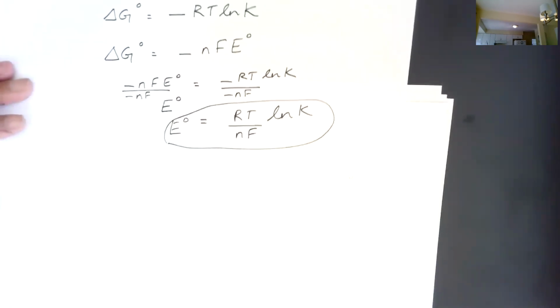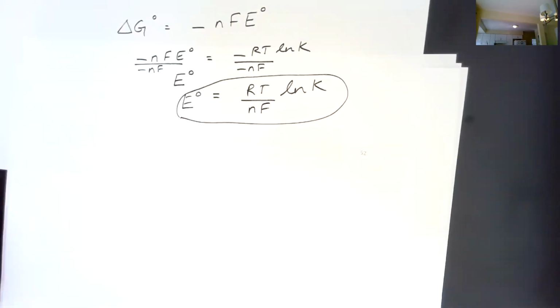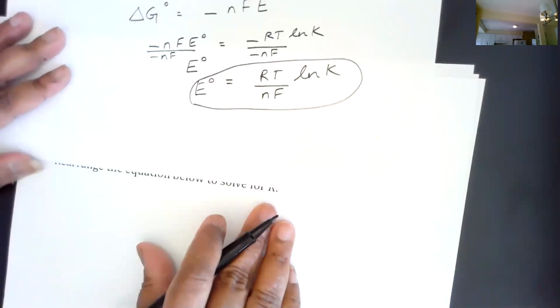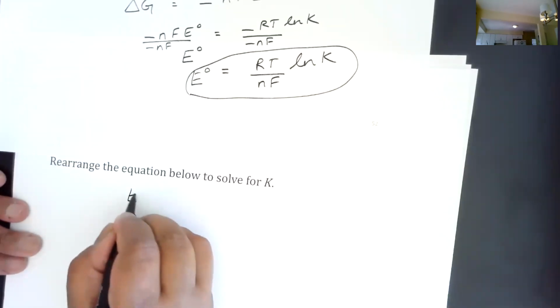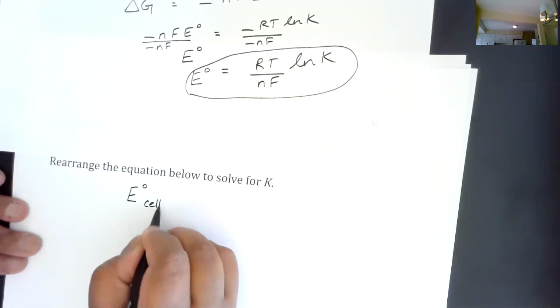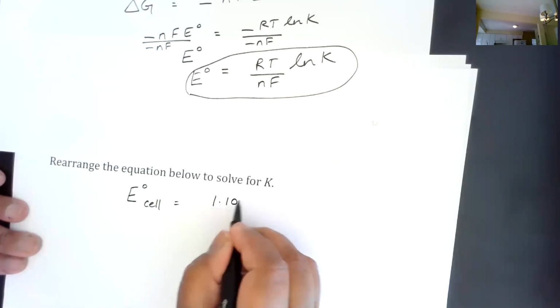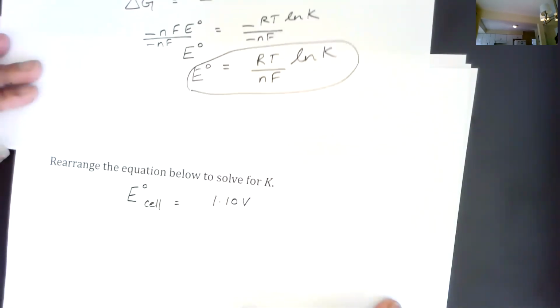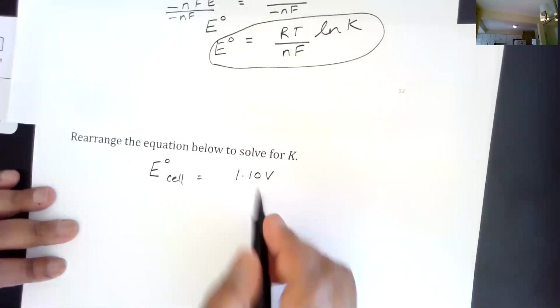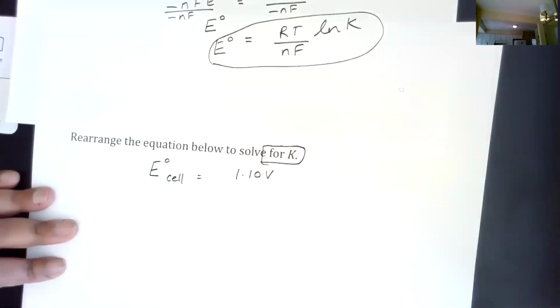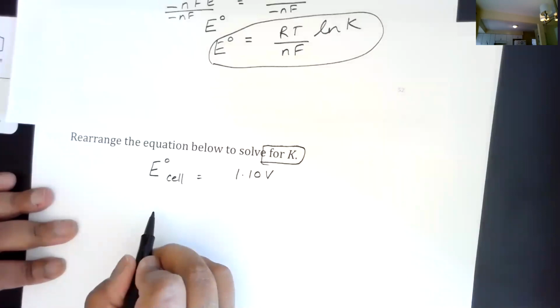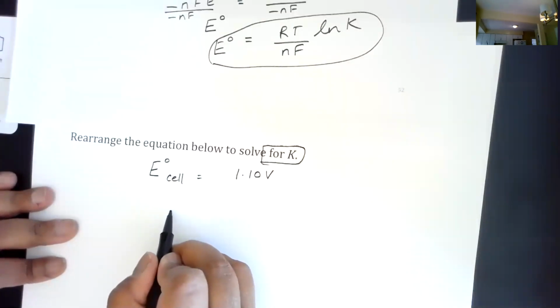Now we're going to use the E0. Go down to the next slide. E0 for the cell is 1.10 volt, okay, for the cell that we saw. They're asking you to find K. So rearrange the equation.